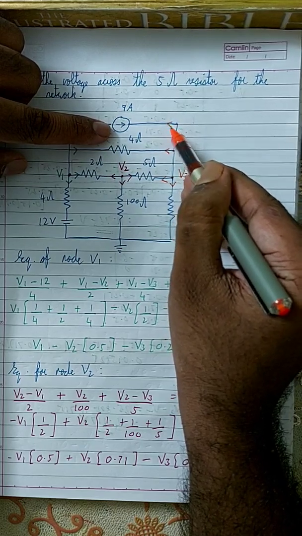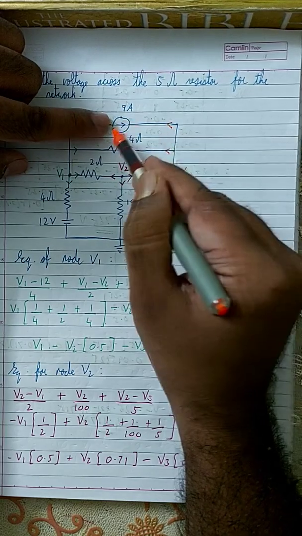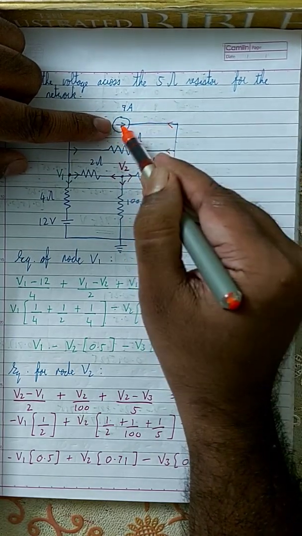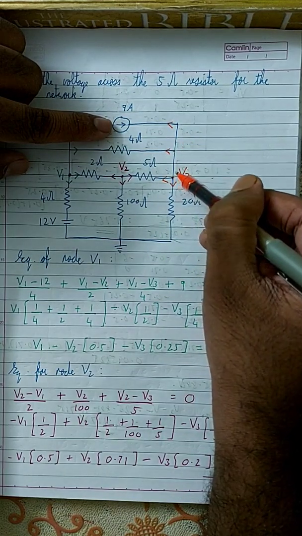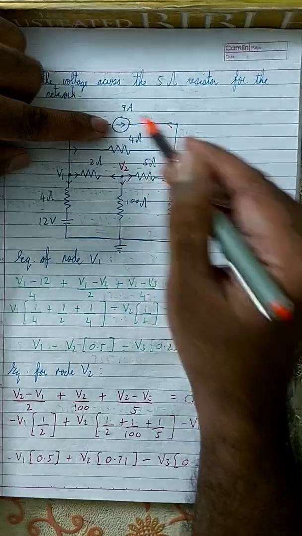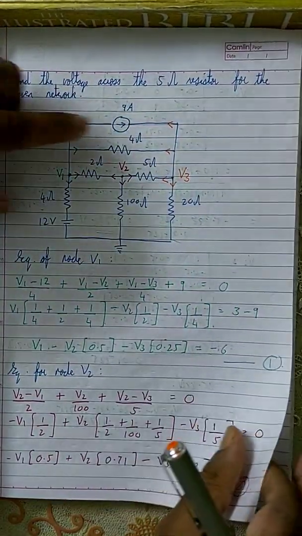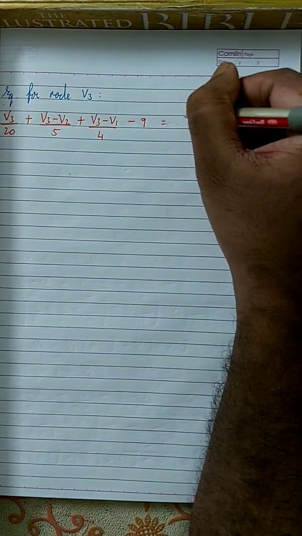The assumption is in this direction, but the actual current is flowing in the opposite direction, so this is minus 9 ampere. In other words, this 9 ampere is incoming, going into the node V3. All incoming currents are considered negative. That's why this is minus 9, so minus 9 is equal to 0.